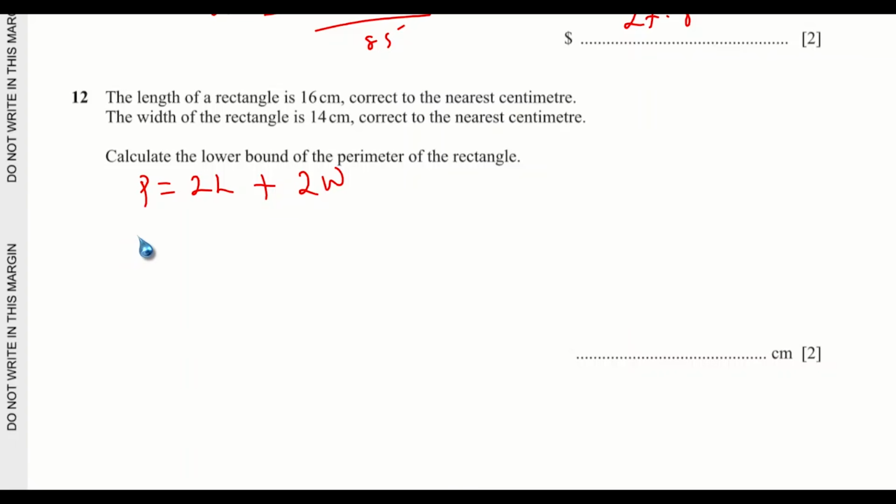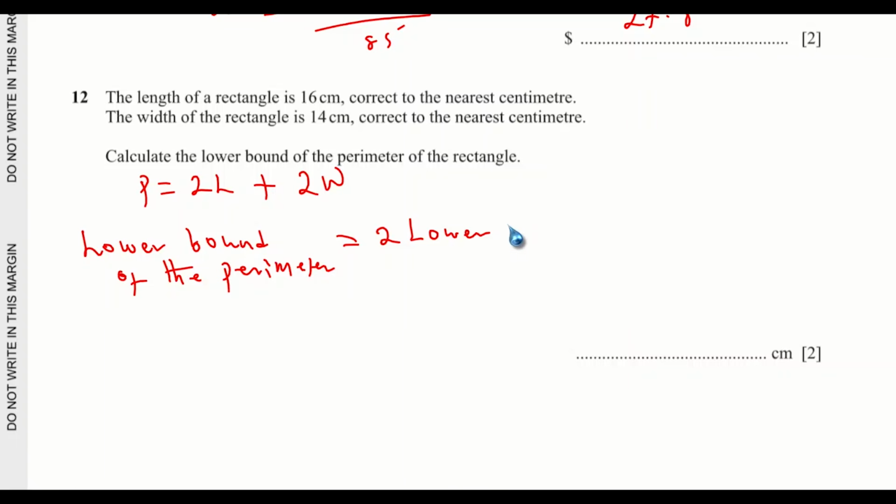So the lower bound of the perimeter should be equal to 2 times the lower bound of the length, plus 2 times the lower bound of the width.